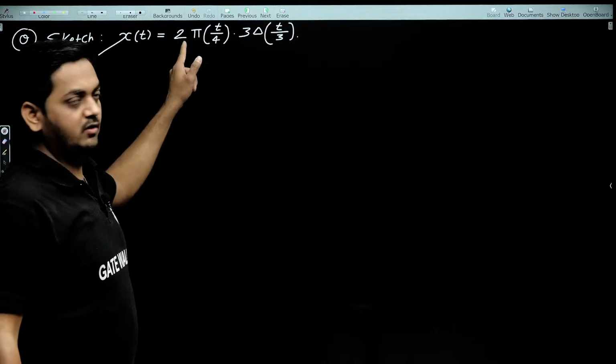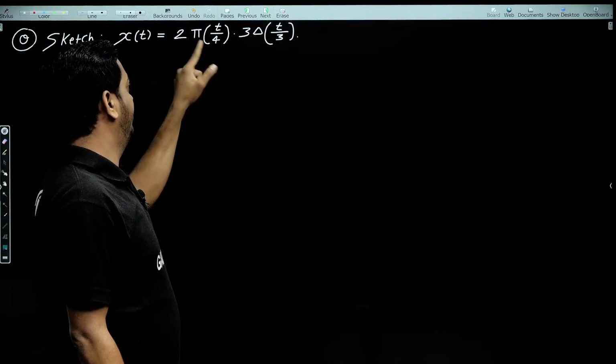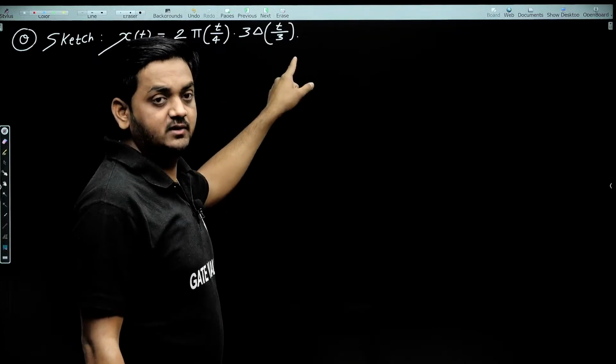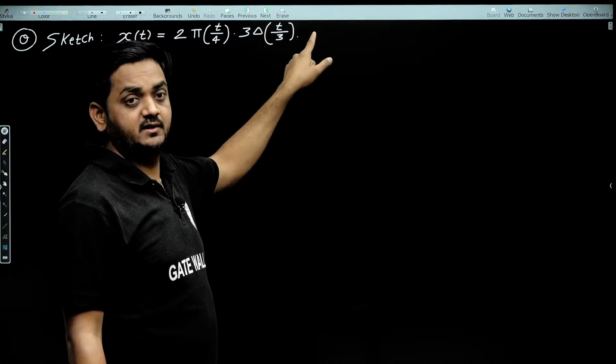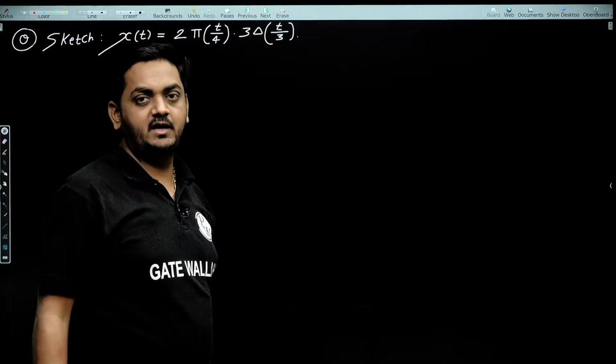Pi means rectangular function, correct? Pi means rectangular function with amplitude 2 and width 4, and del means triangle function. The triangle function is from -3 to +3, with peak amplitude 3, guys.